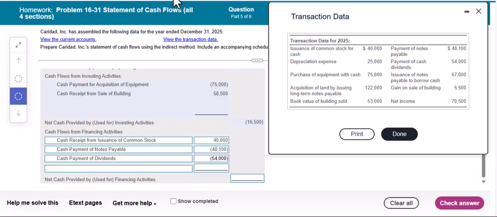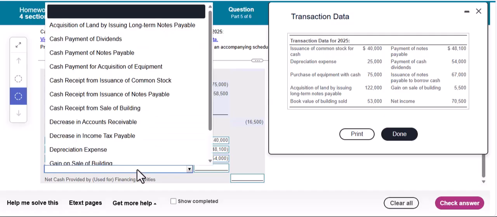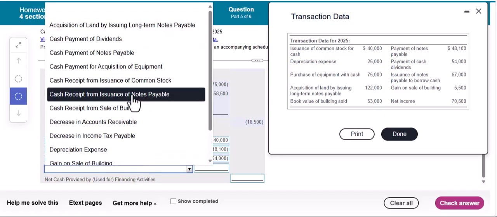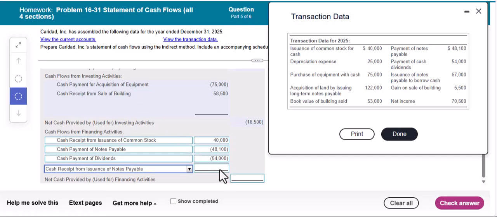So next up, we issued notes payable. So that's a long-term liability, and it's going to go in the financing section here, and we received cash. So that's going to make the amount that we're borrowing, that 67,000, a positive number. So we have cash receipt from issuance of notes payable, and that is going to be a positive 67,000.